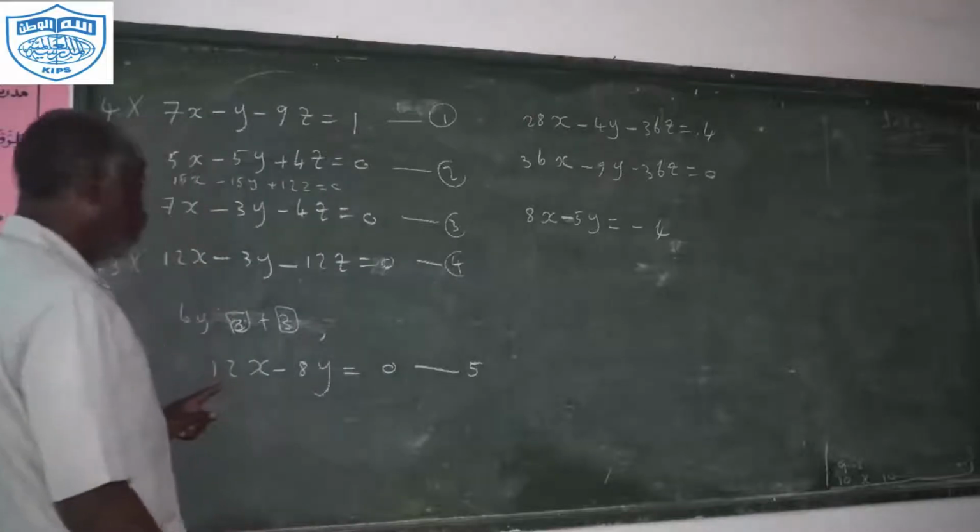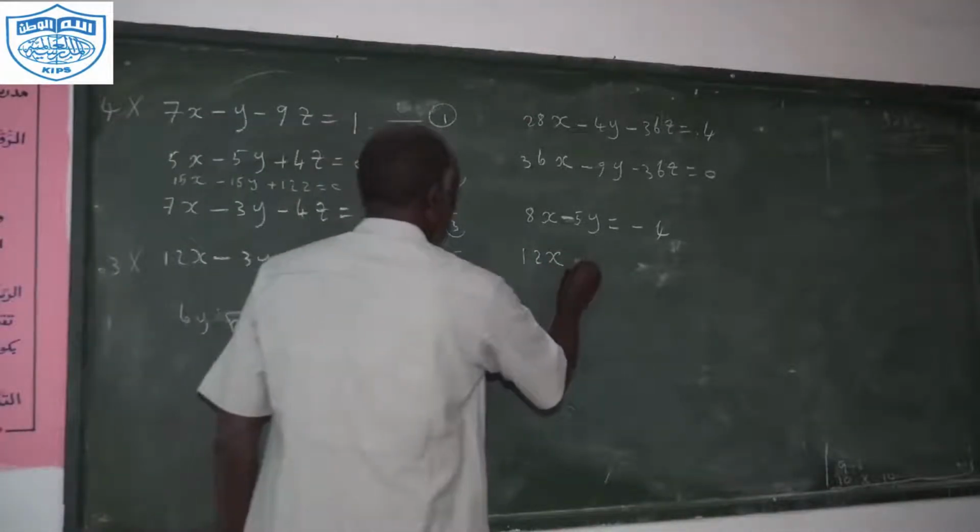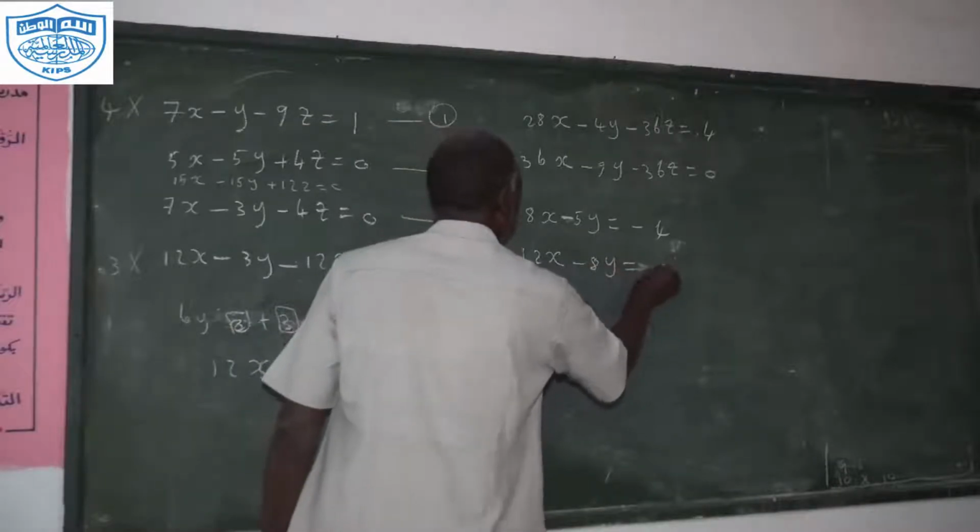This equation, if I want to solve it by this one, I have 12x minus 8y equals 0.